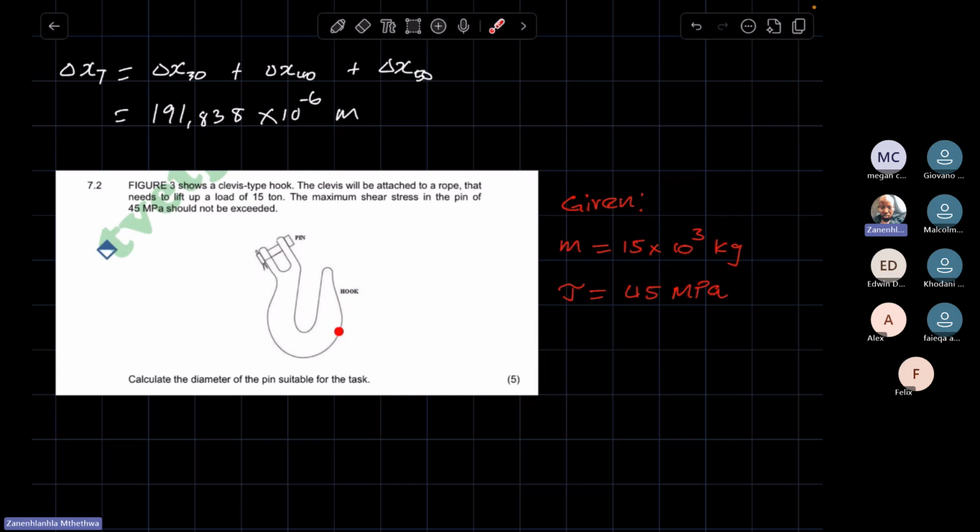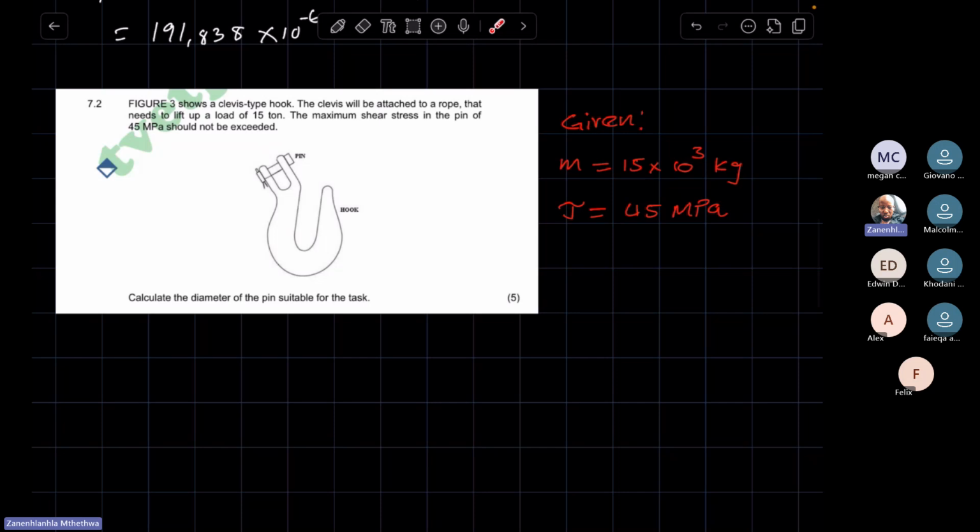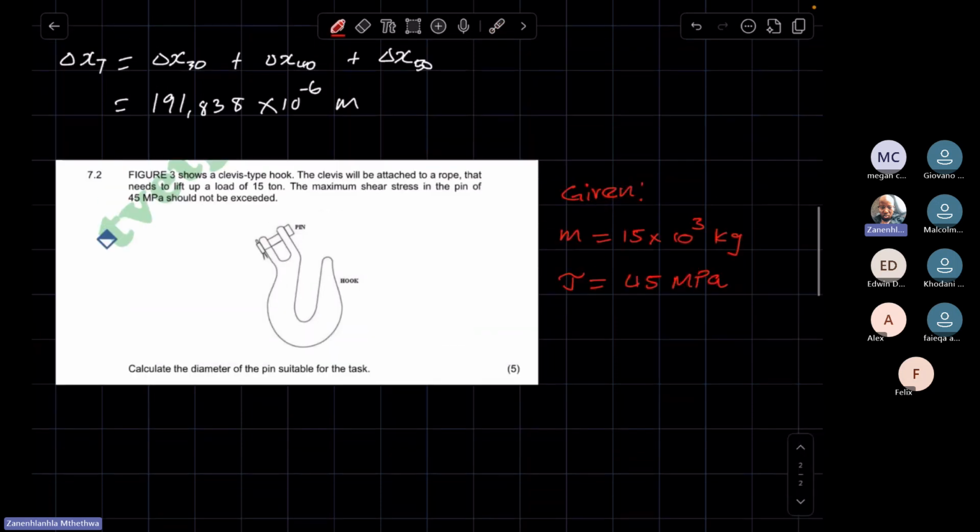They say it needs to lift the load, so the load would be on this hook, a load that is 15,000 kilograms in mass. So what will tend to happen when this load is being lifted? The tension in the rope will be pulling in that direction. So you have a force pulling in that direction.